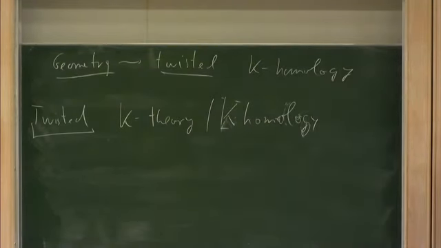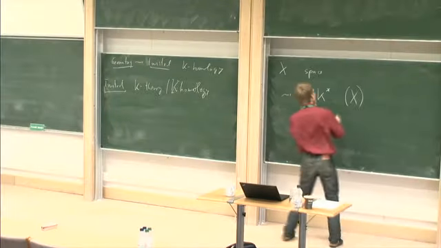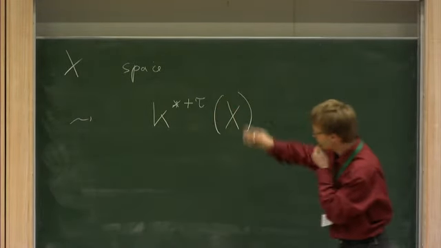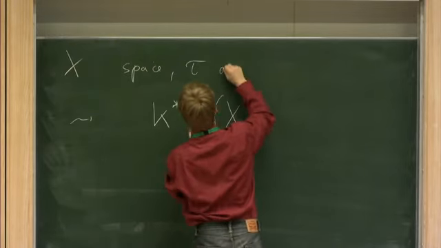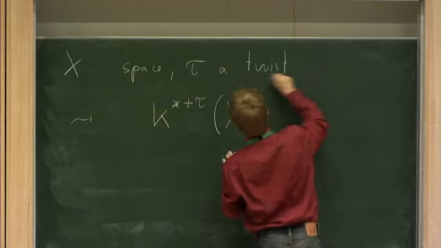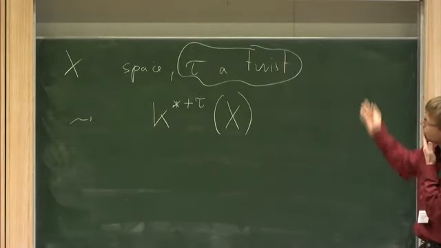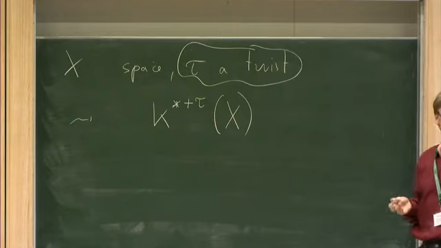And what we want to get is this twisted K-theory of X. And to twist, we need a twist on top of the information we have here, the space X. Given the space and given the twist, we should be able to define and discuss this twisted K-theory.